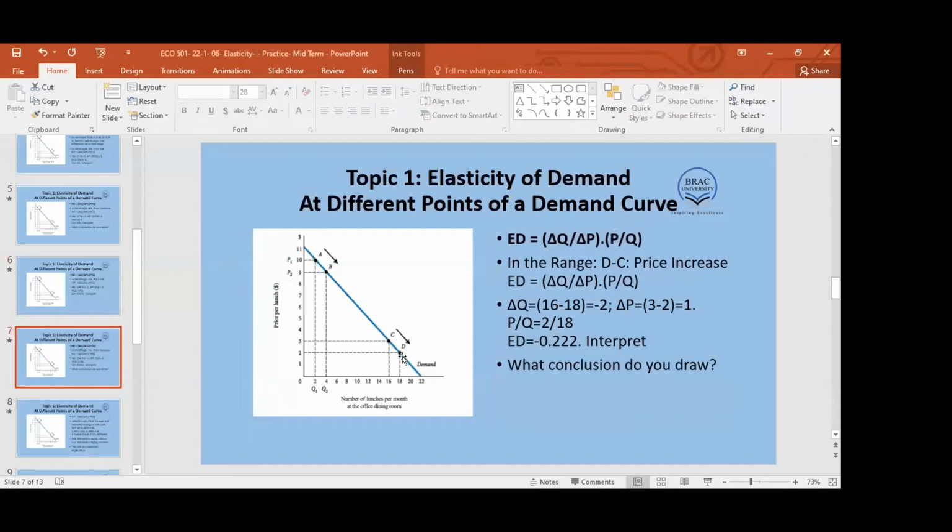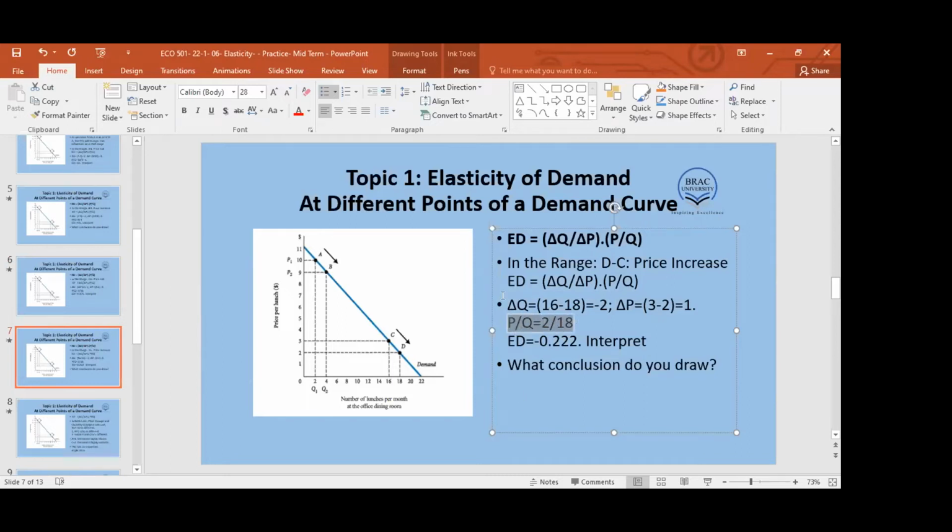We saw this yesterday. So if we move from D to C now, what do we observe? Price is increasing, so del P is plus 1, and as we move from D to C, quantity is falling, so del Q is minus 2, and P by Q is this.